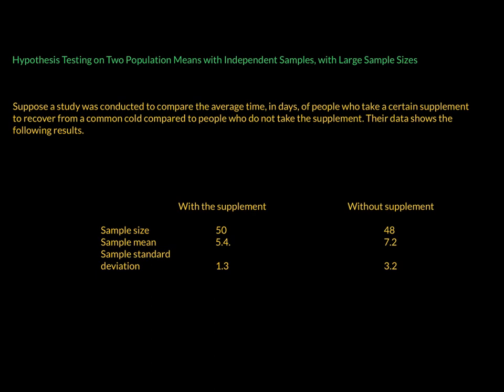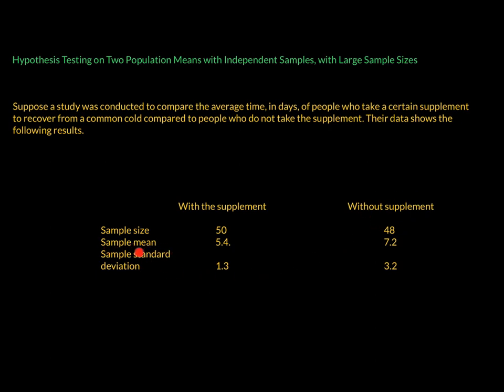And their data shows that the sample size, meaning the number of people they asked from their survey, is 50 from the group with the supplement. So these are the people who took the supplement, and 48 people who said they are not taking any supplement or that particular supplement.